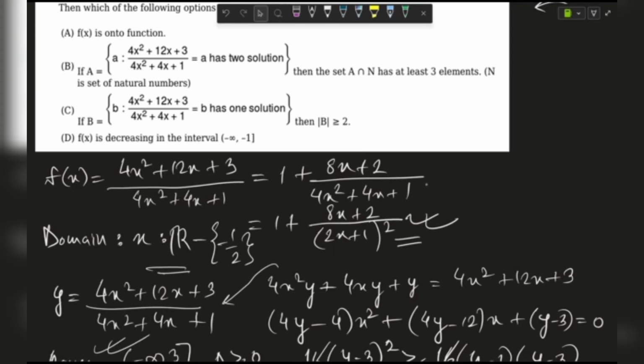In option C, we have a set capital B, all those small b such that f of x equal to small b has one particular solution, and we have to prove mod b greater than or equal to 2. And for option D, we have to find out whether f of x is decreasing or increasing in the interval minus infinity to minus 1.